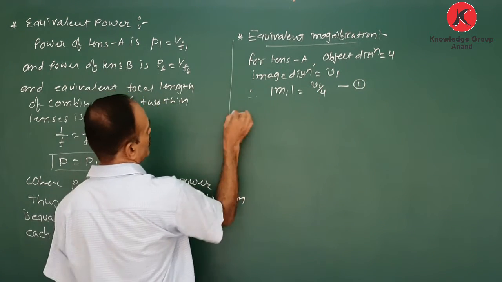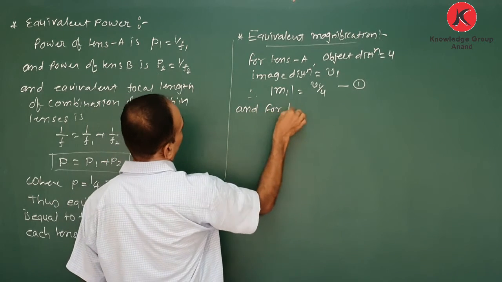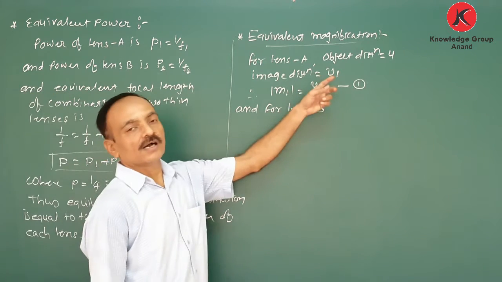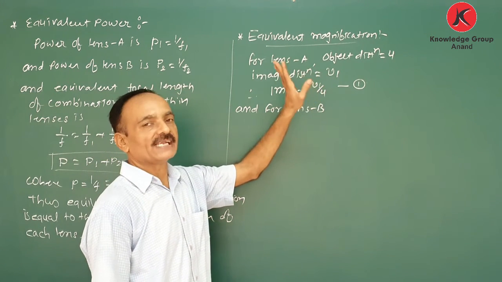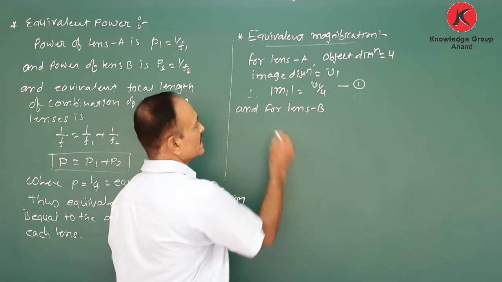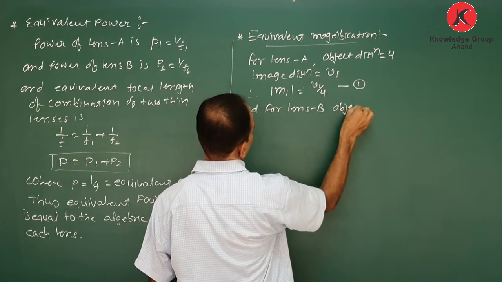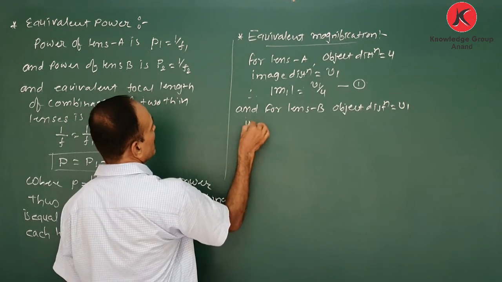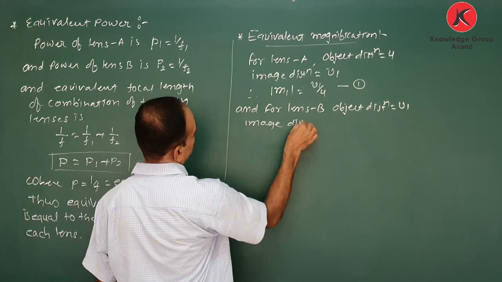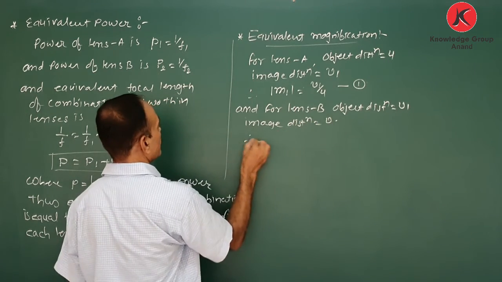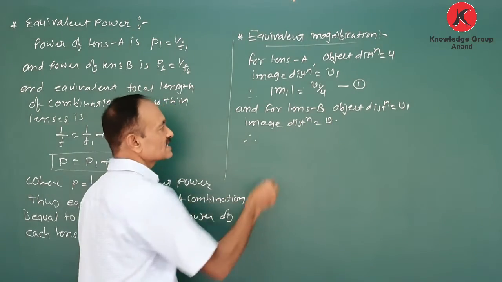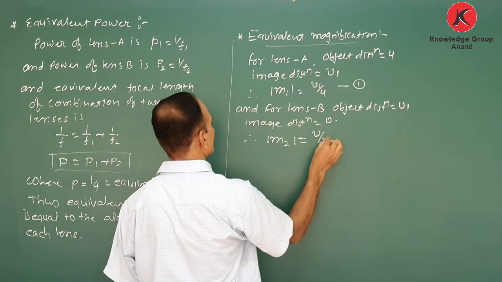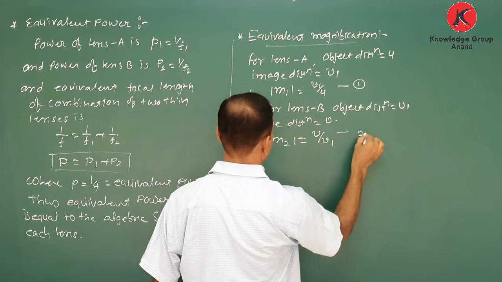And for lens B, what is the object distance? The image made by lens A acts as a virtual object for the second lens. Therefore, for lens B, object distance is V1 and image distance is V. Therefore, the magnitude of magnification for lens B, M2, is equal to V upon V1.